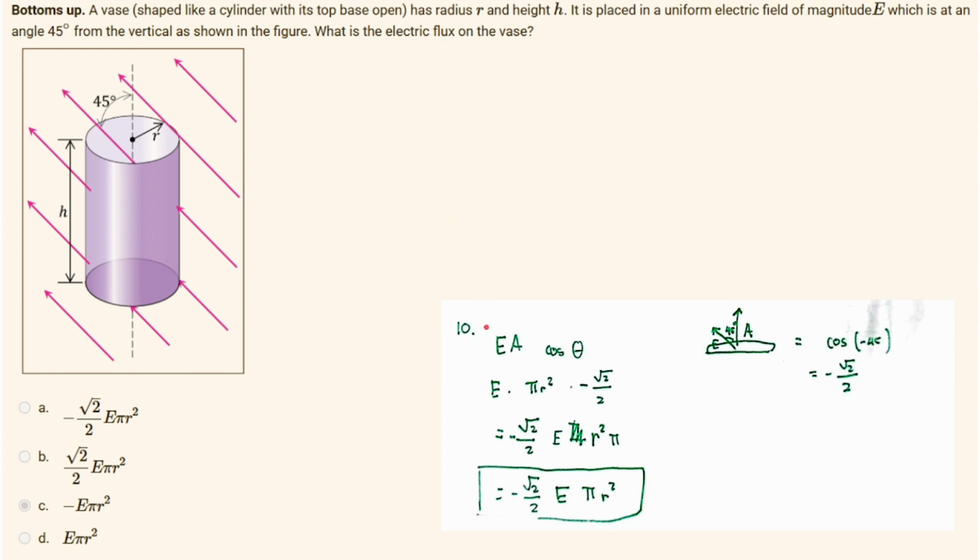It's looking for the electric flux, which is EA cos theta. But what's tricky about this is the cos theta, because if you answered cos 45 and got square root of 2 over 2 pi epsilon naught, you would be wrong, because the way the theta works is that it is based on the angle from the area.